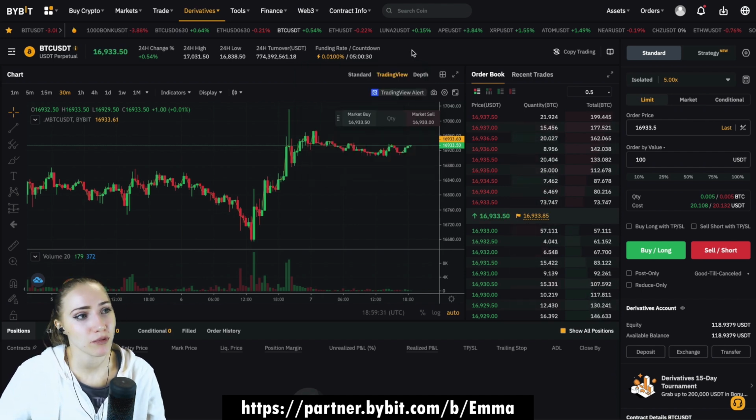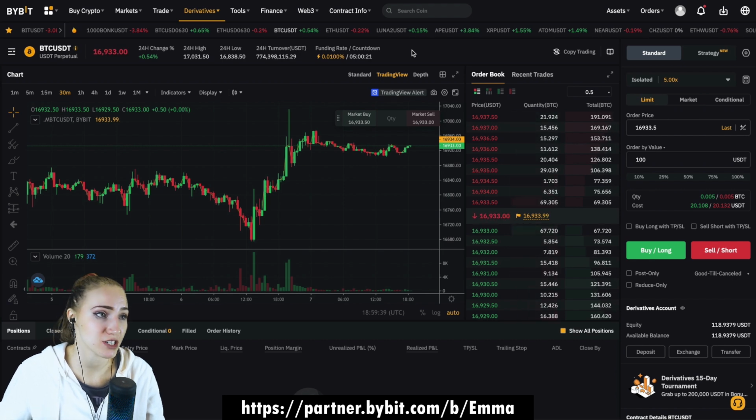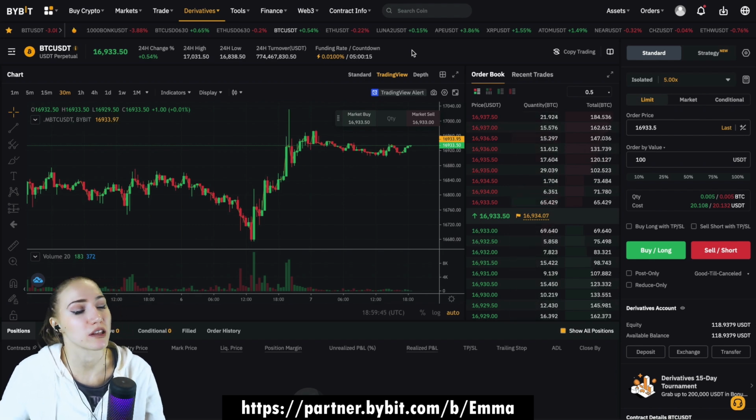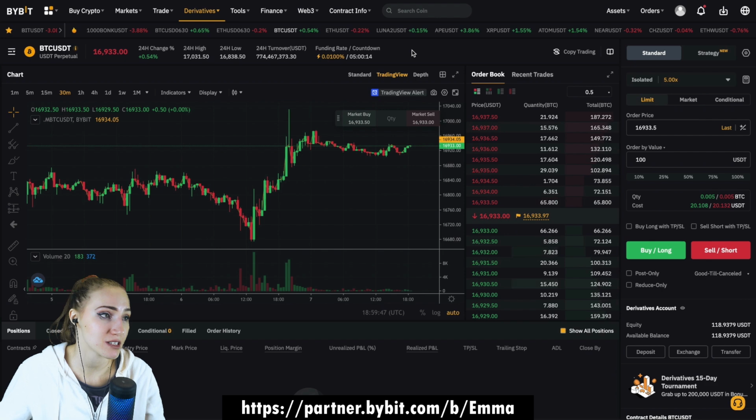When there are bigger openings of long positions, the futures price will be higher than on the spot market. And if there is a bigger amount of open short positions, the difference is paid to long position holders. When there is a big amount of open long positions, then the short position holders are paid here.